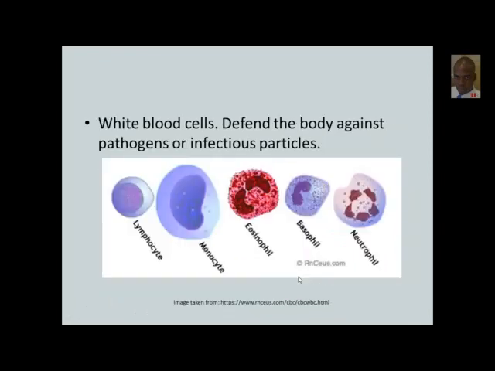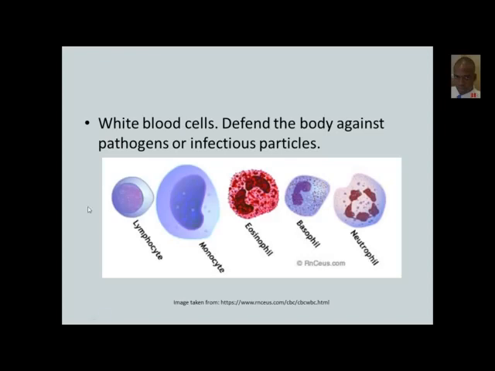Now white blood cells are another set of cells that are found in the blood, and their job is to defend the body against pathogens or infectious particles like viruses. Alright, so in this time where we have this virus going around, we need to have a good count of our white blood cells. We need to make sure that our white blood cells are in good shape and that we have enough of them to defend our body against diseases.